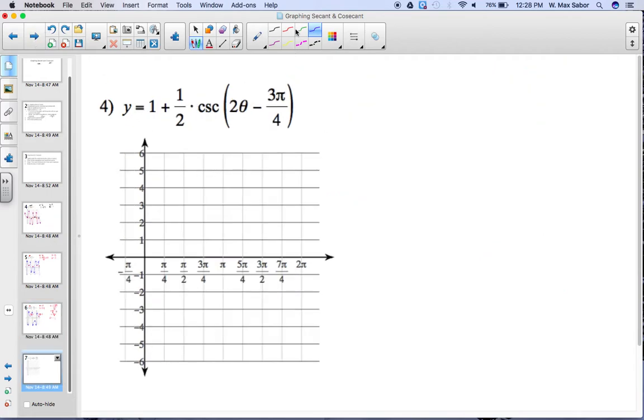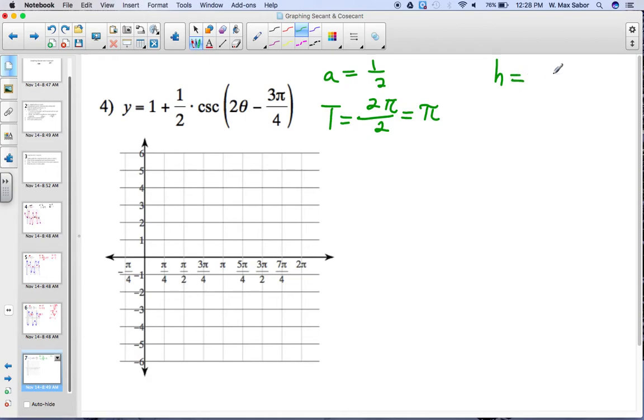Another one. Amplitude is 1/2, not the 1. Notice that they're not in the same order. The period is 2 pi divided by b, which is pi overall.